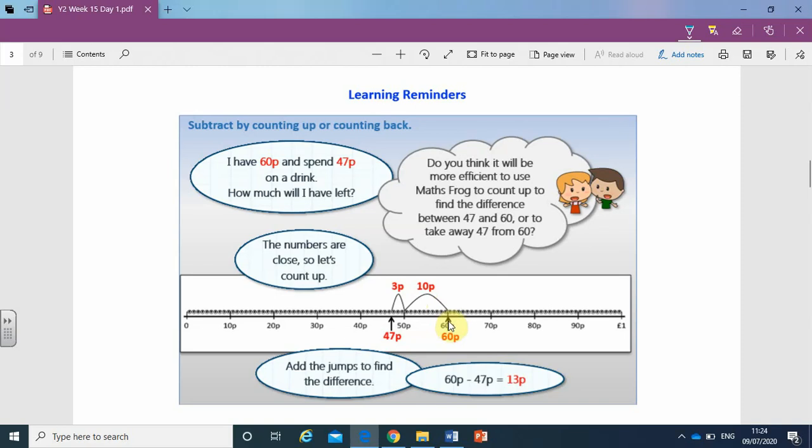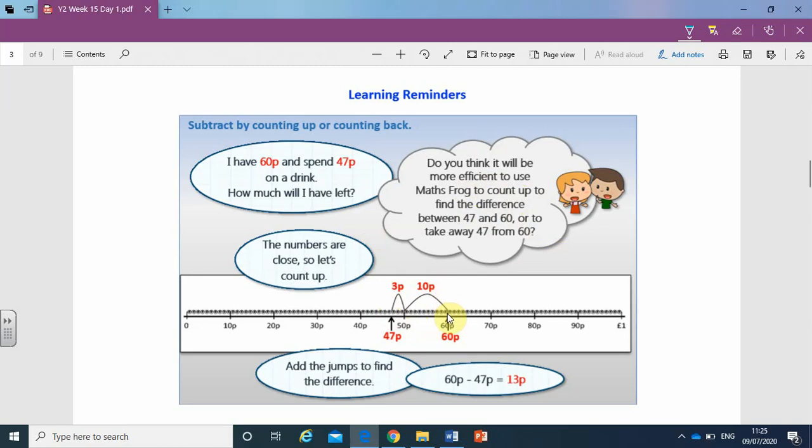So this time it didn't make sense to count back. We could start at the 47 and count forward because that was the easiest method. They call it the most efficient, but we'll call it the easiest way. What is the easiest way?